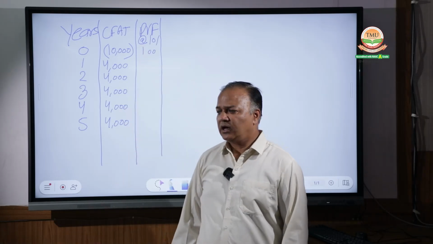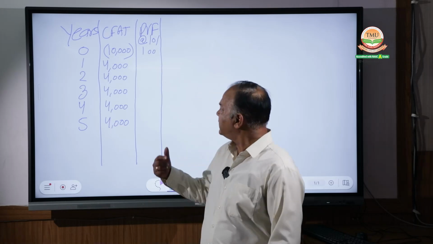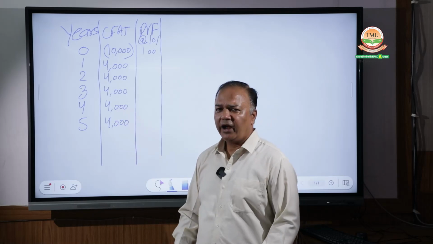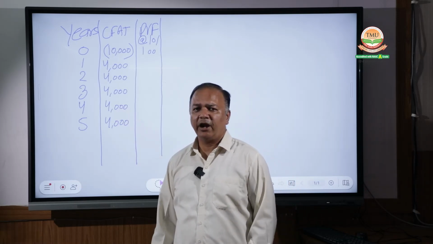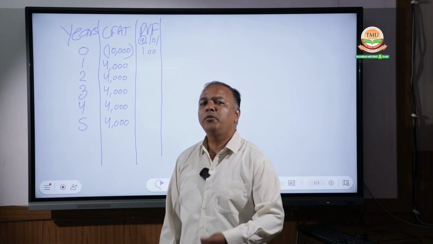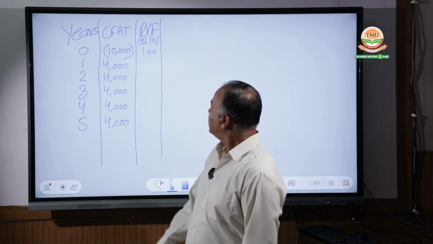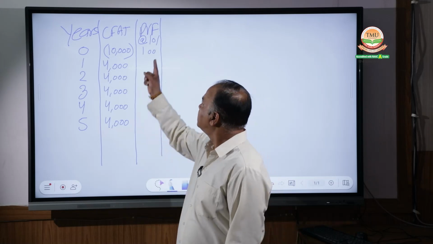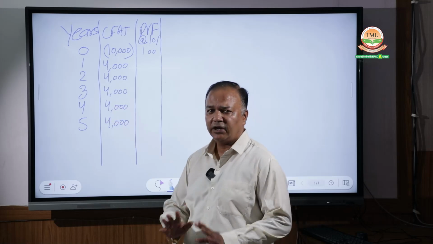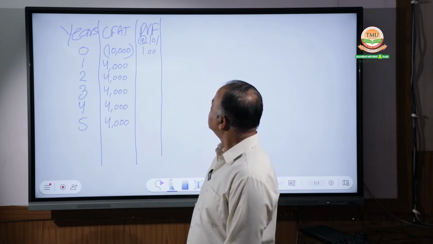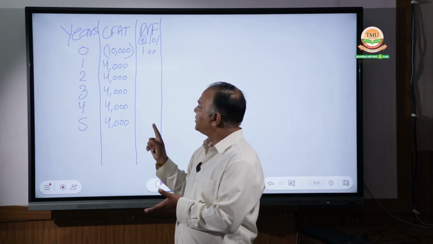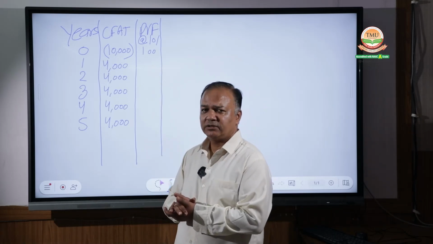I have discussed earlier that whenever we have to check the present value factor at any rate, it may be 10%, 12%, 14%, 16%, 20%, or any rate. Whenever we have to find the present value factor at any rate, it will be 1 in year 0. It's a fact. Now, I have to find the present value factor for the first year.